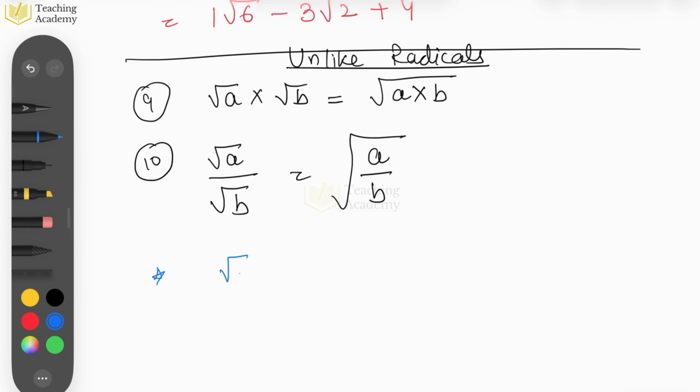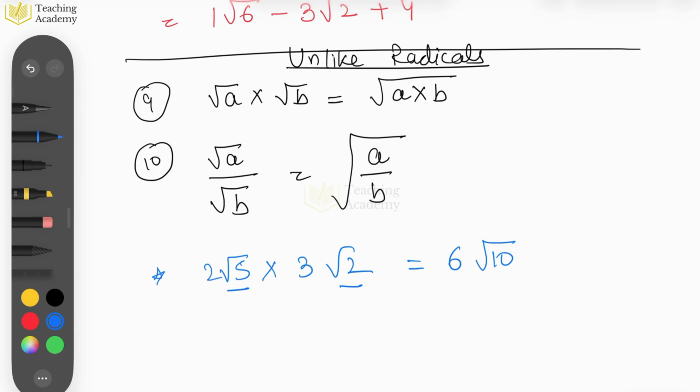If I write 2 root 5 times 3 root 2. Earlier we did questions which look the same, but here the like radicals are not there. These are unlike ones. I can see root 5 and root 2 here, so these are different. 2 times 3 is going to give you a 6 and root 5 times root 2 is giving you root 10.